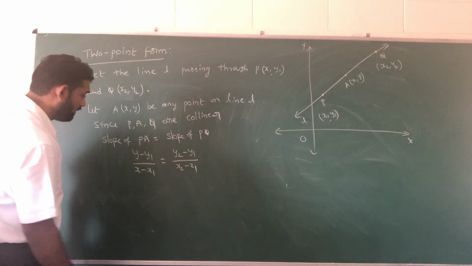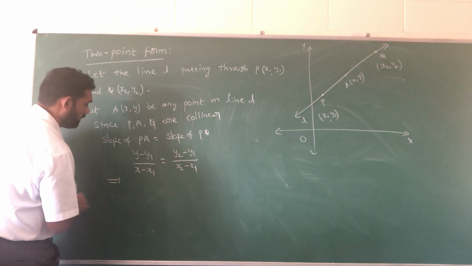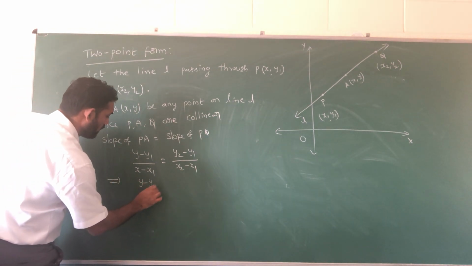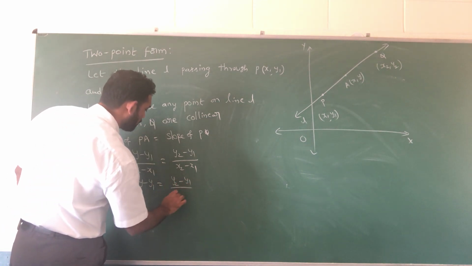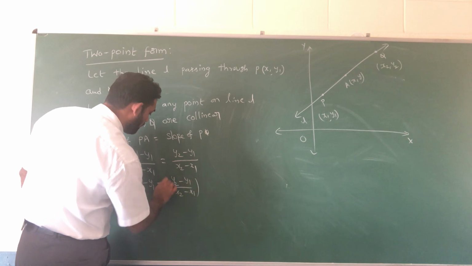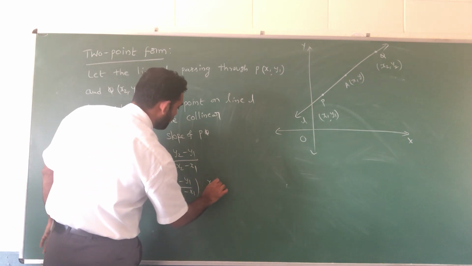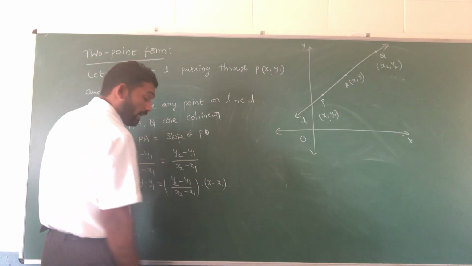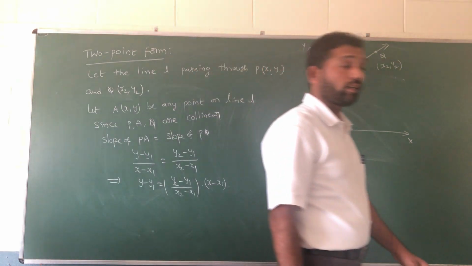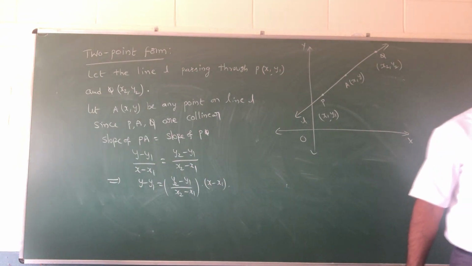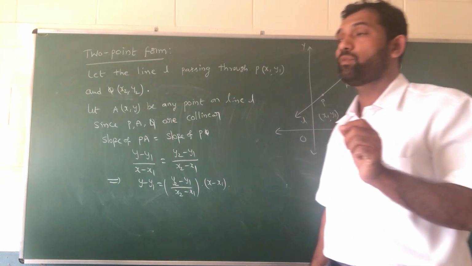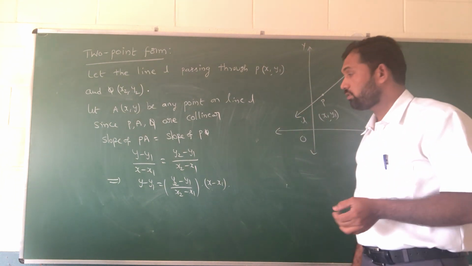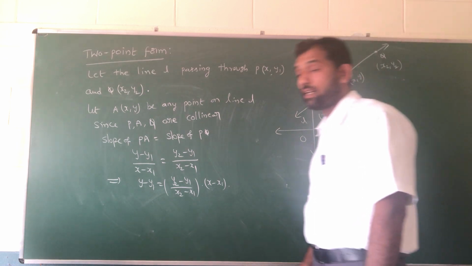Now simplify this. y minus y1 equals (y2 minus y1) by (x2 minus x1) into (x minus x1). So this is the equation of the line passing through 2 points (x1, y1) and (x2, y2). Then you write the final conclusion.